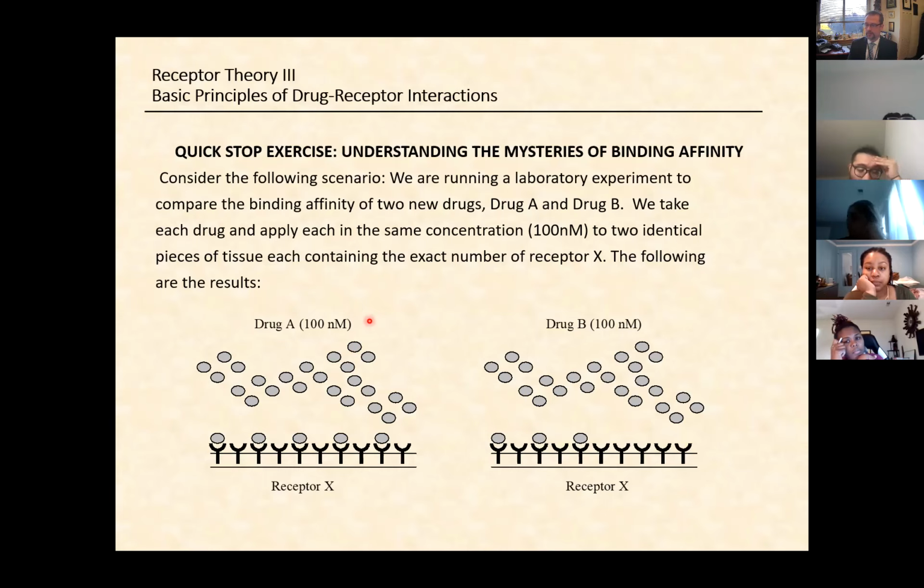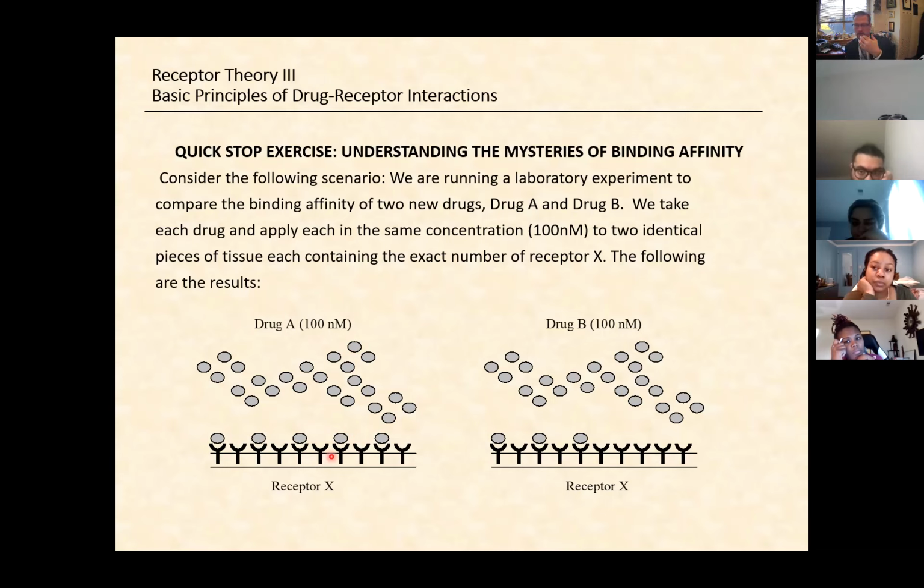Just serendipitously, we picked a concentration of drug A that binds 1/2 of the receptors, so we can say this is the KD value. This is the concentration of drug, 100 nanomolar, that's required to bind 1/2 of the receptors.